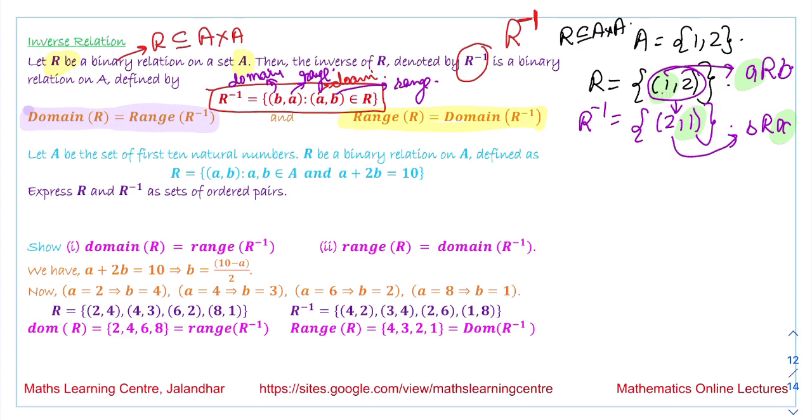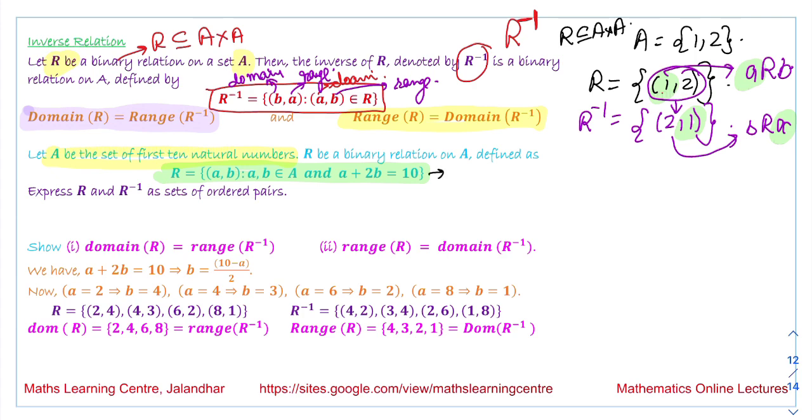The next question: let A be the set of first 10 natural numbers, and R be a binary relation on A defined as follows. Two elements A and B are related if A plus 2B is equal to 10. We have to express R and R inverse as a set of ordered pairs.